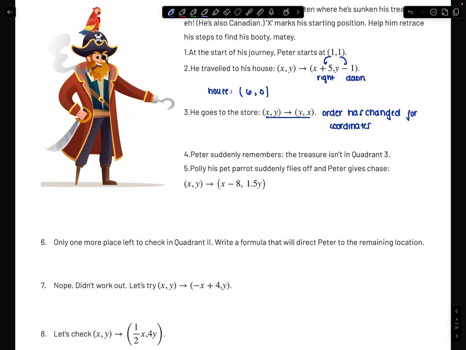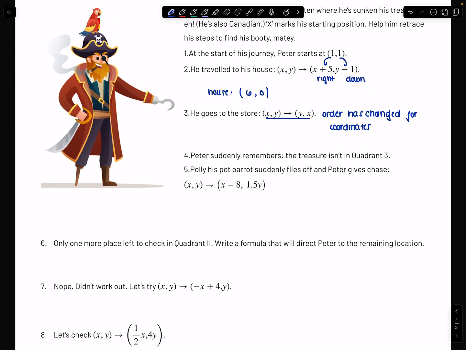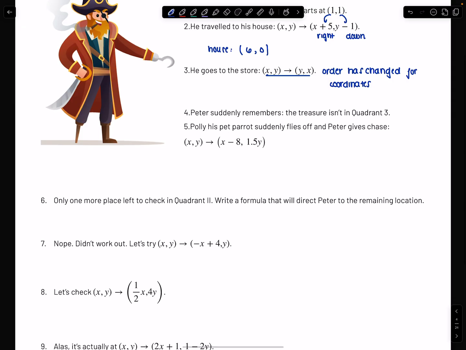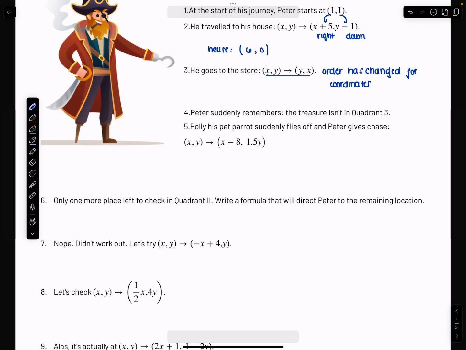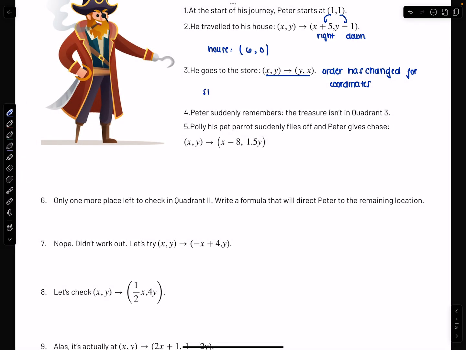So if the original coordinate were 6, 0, the new one for the store becomes 0, 6, right? This is the original X, this is the original Y. And so the new X value is the 0. The new Y value is this X. And so 0, 6.